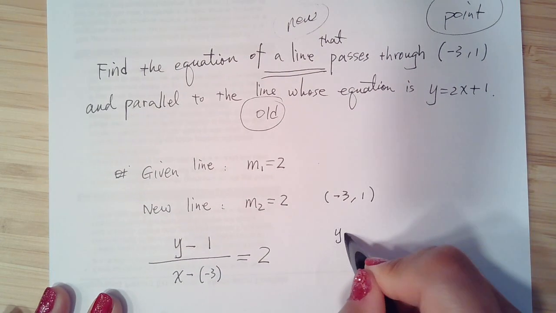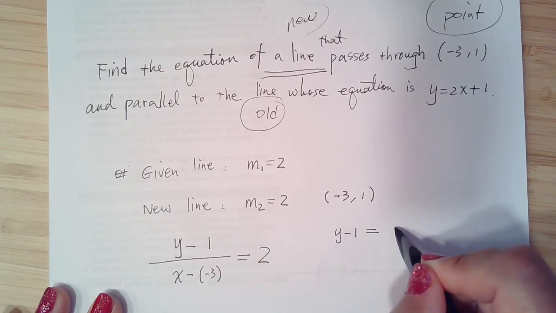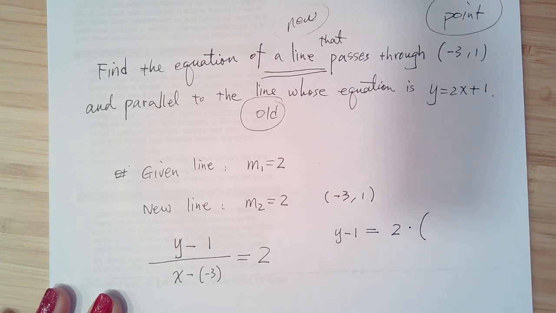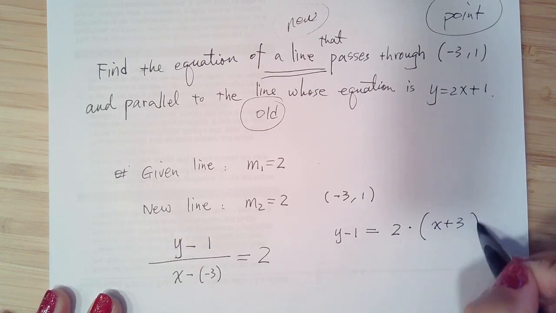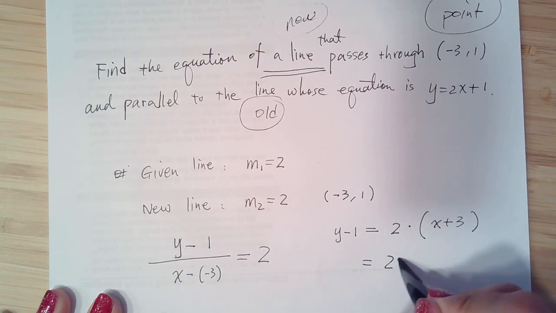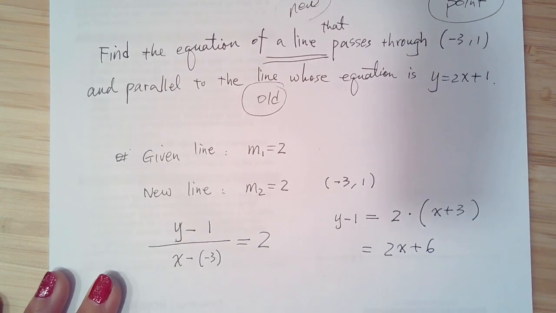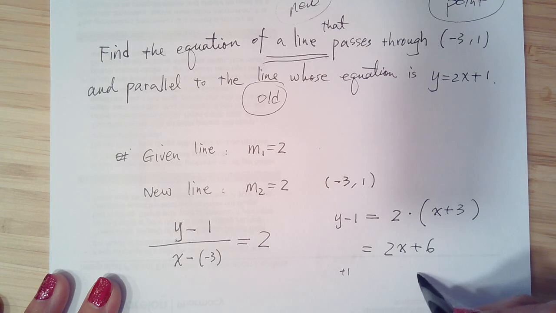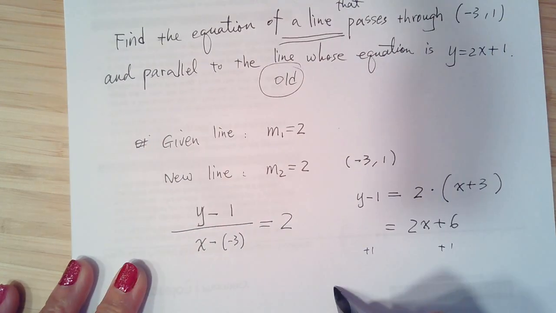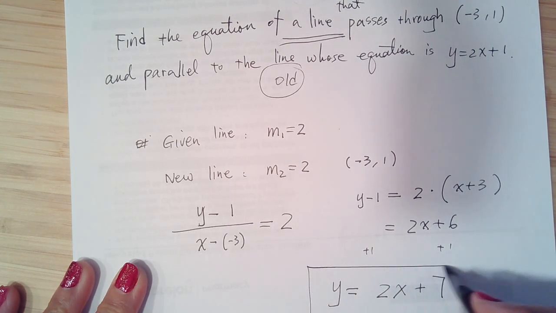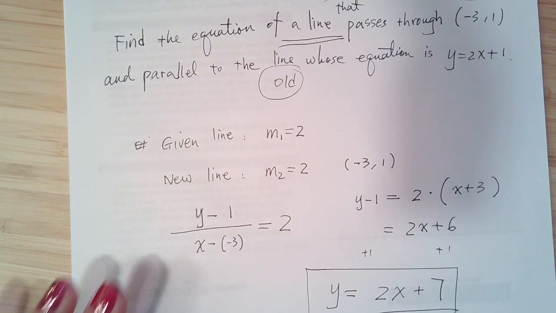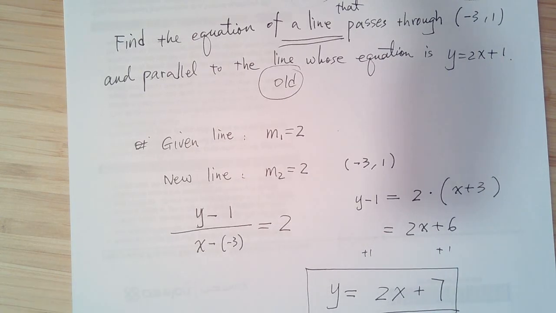We get y minus 1 equals 2 times x plus 3, which is 2x plus 6. And then we just need to add 1 on both sides. So my equation becomes y equals 2x plus 7. That's my solution.